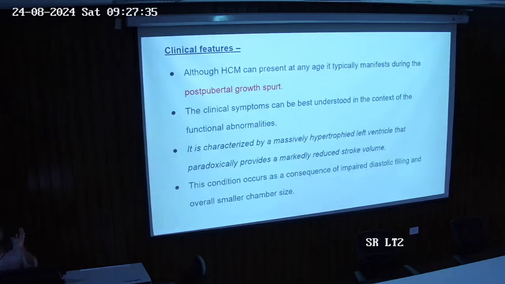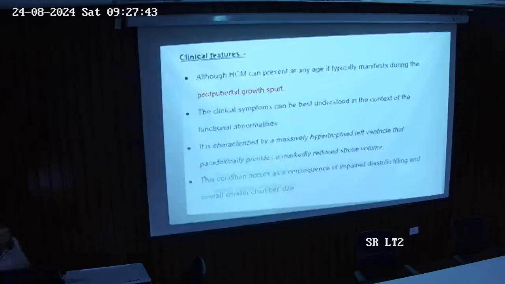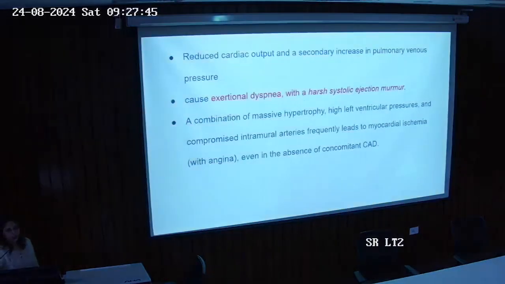In diastole there is no room for blood to come in, and it cannot contract properly, so the ejection fraction will be reduced. So there will be reduced cardiac output and secondary increase in pulmonary venous pressure, back pressure will increase, which will cause exertional dyspnea and a harsh systolic ejection murmur.